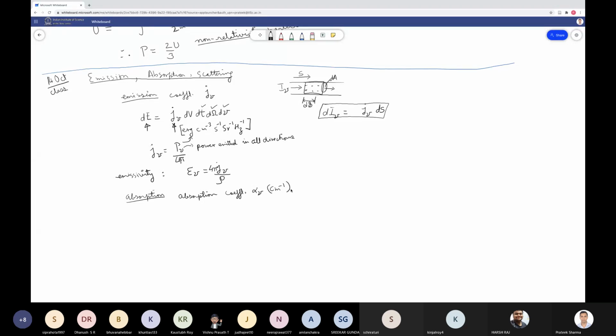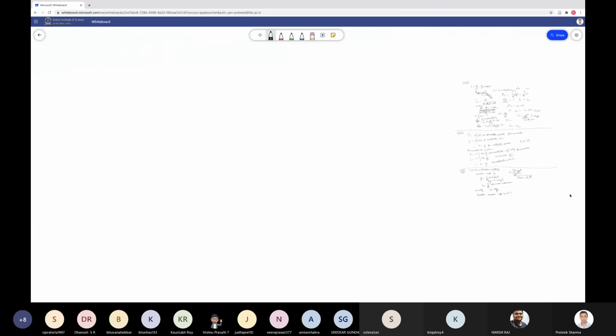So alpha nu quantifies the loss of energy along a beam due to matter which is absorbing radiation. Matter can both emit and absorb radiation, so interaction of matter and radiation can give rise to both emission and absorption.